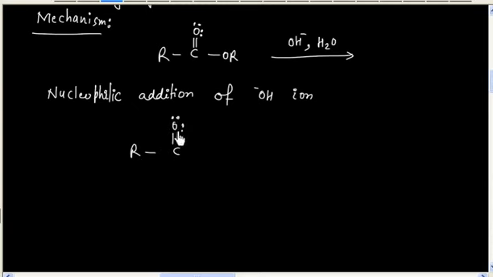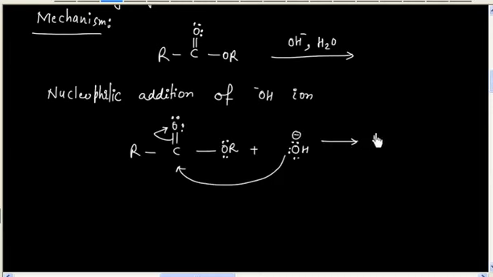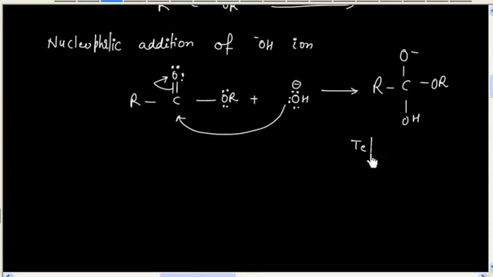So OH minus is acting as a nucleophile. So this will attack on carbonylic carbon and we will have a tetrahedral intermediate.